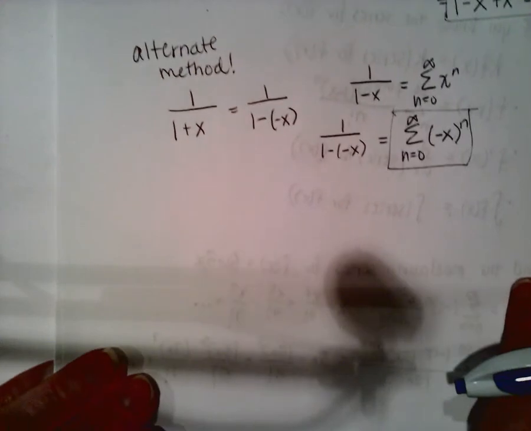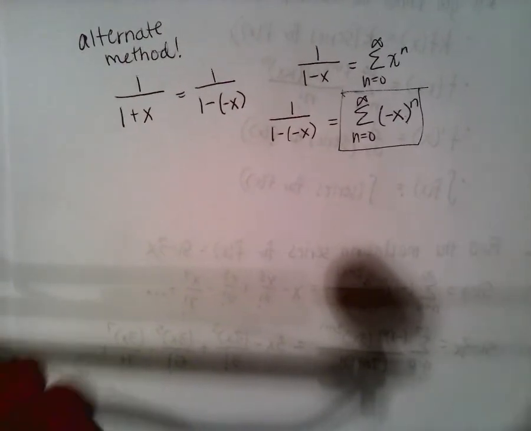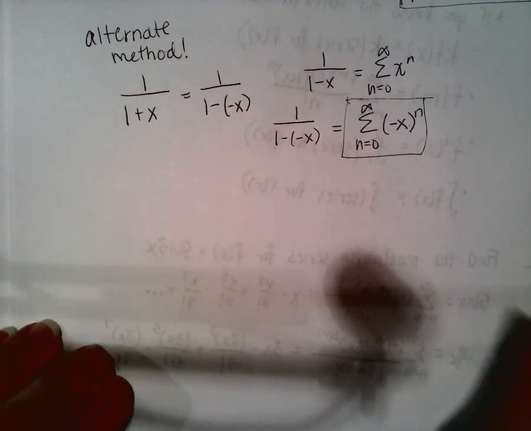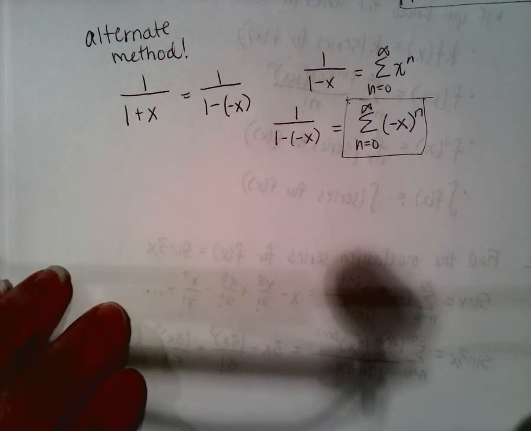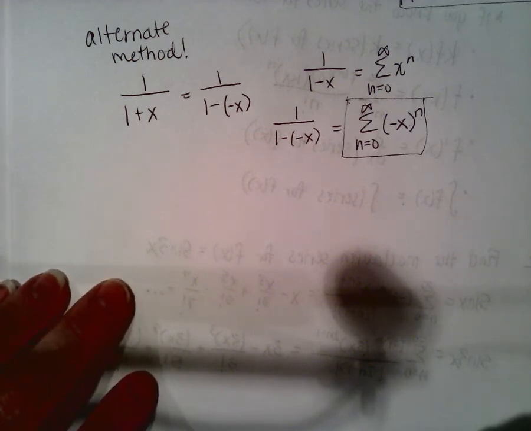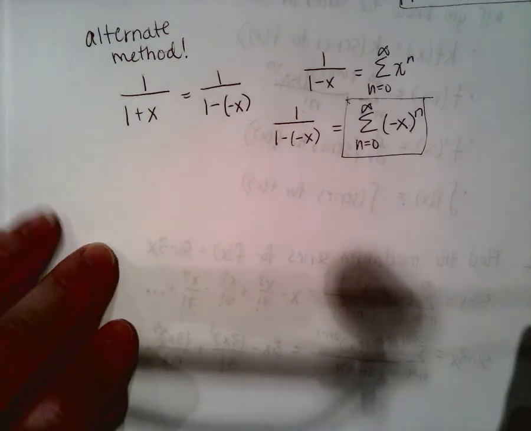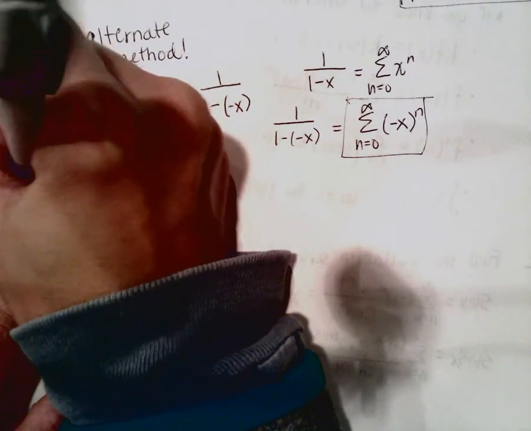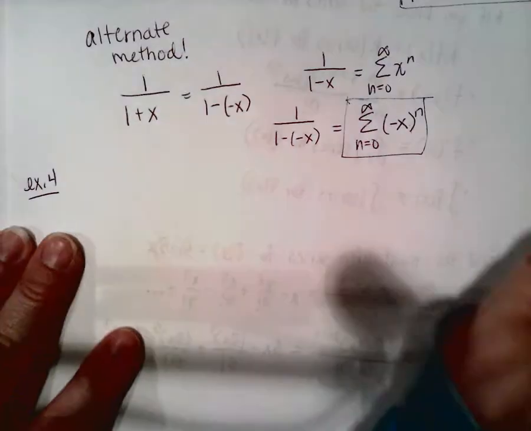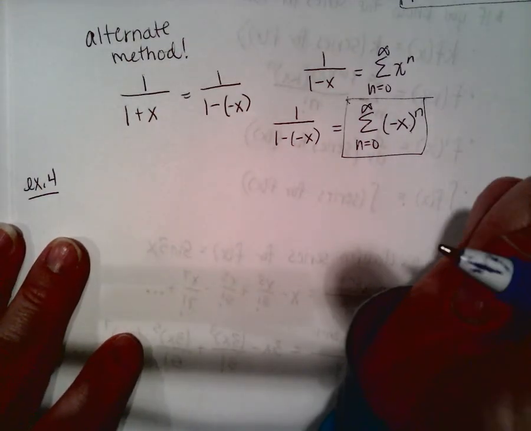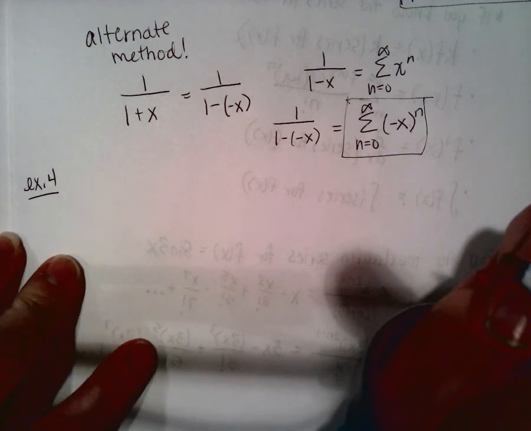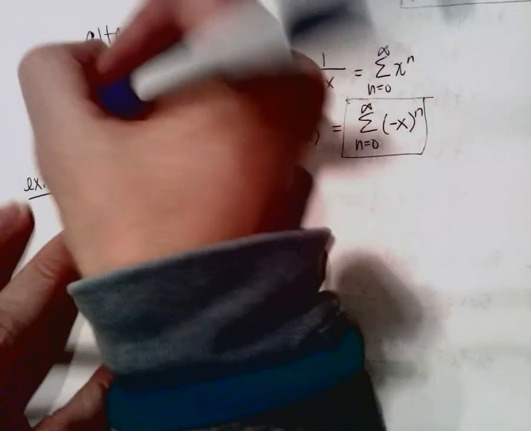Okay, we're going to do one more example that's going to be a little bit different than the last two. So now I'm going to actually do our first series that's not centered at x equals 0. Oh yeah, it is still going to be centered at 0, sorry. Okay, example 4. We're going to actually use our series this time to approximate a value on the function. So here's the directions.